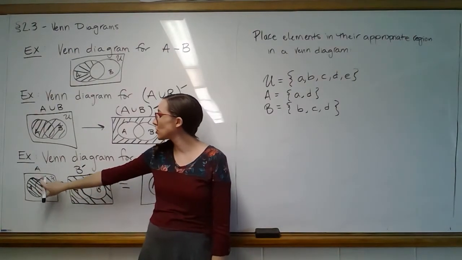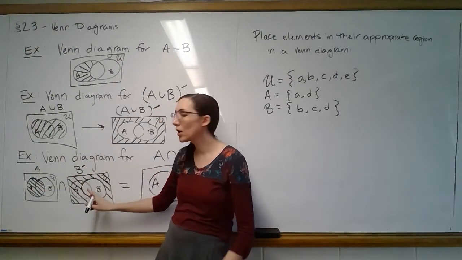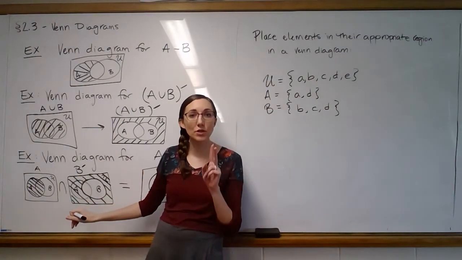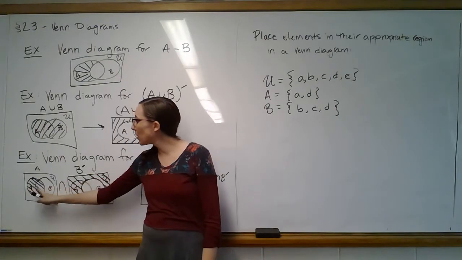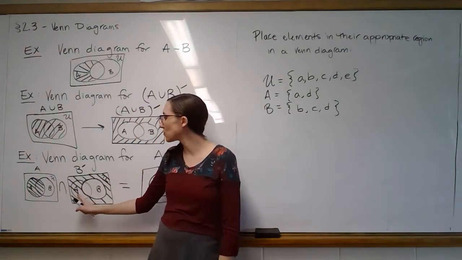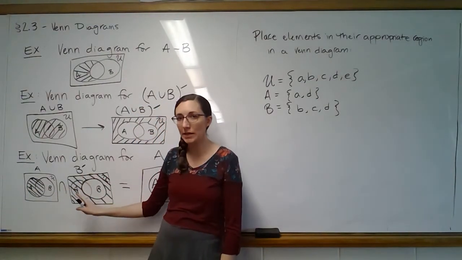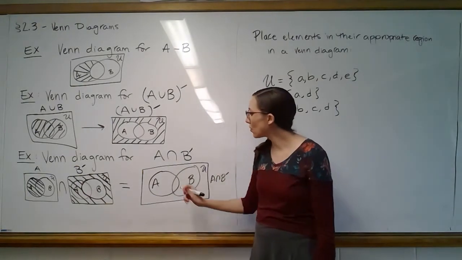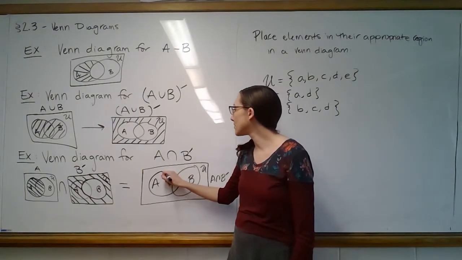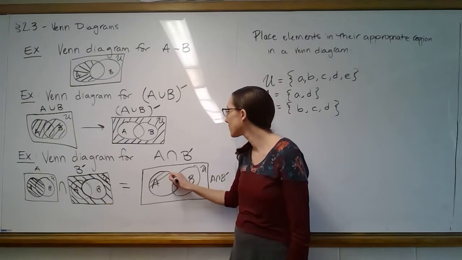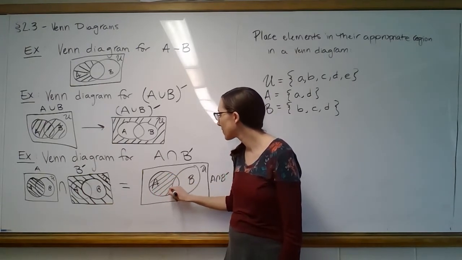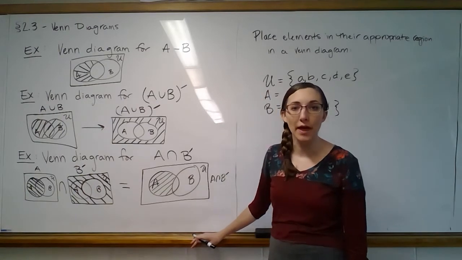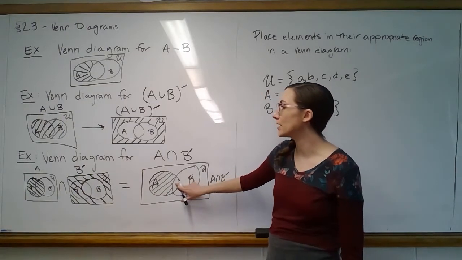Should I shade the circle A? Well, we need to be careful because there's really two pieces to the circle for A. Notice this one has both pieces shaded, but this one has only one of them shaded, not the overlap. So this outside portion for A is shaded in both of them, but not the middle region.